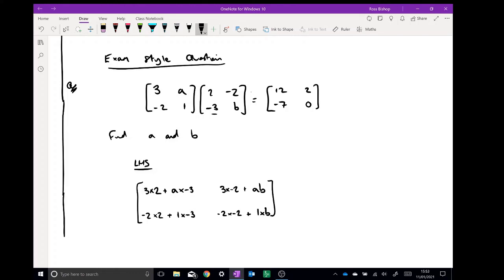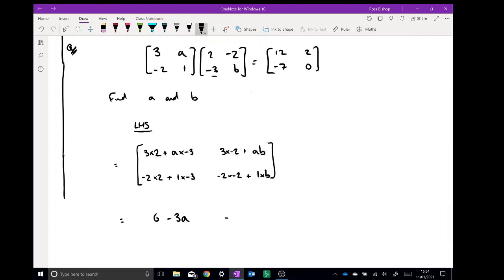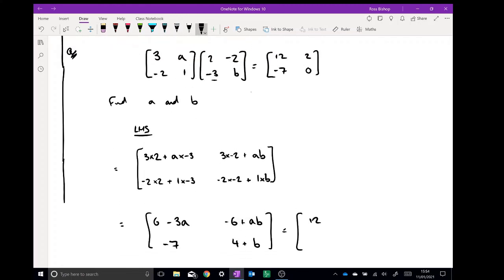Right, let's just tidy that up a little bit. So you get here 6 minus 3a top left, minus 6 plus ab top right, bottom left you're going to get minus 7, which is a good check, and in a minute you'll see this is going to be 4 plus b. And this all equals the matrix 12, 2, minus 7, 0.